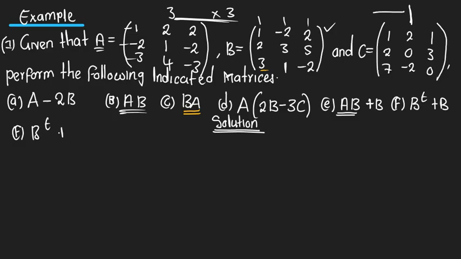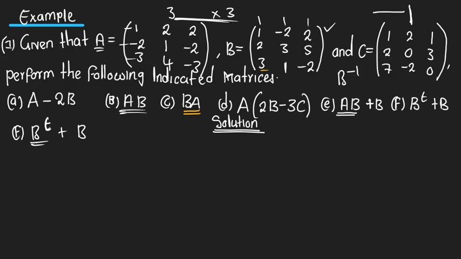B transpose plus B. When you see something like this on top, this is a transpose of a matrix. So when they say B^T, they are saying B transpose.